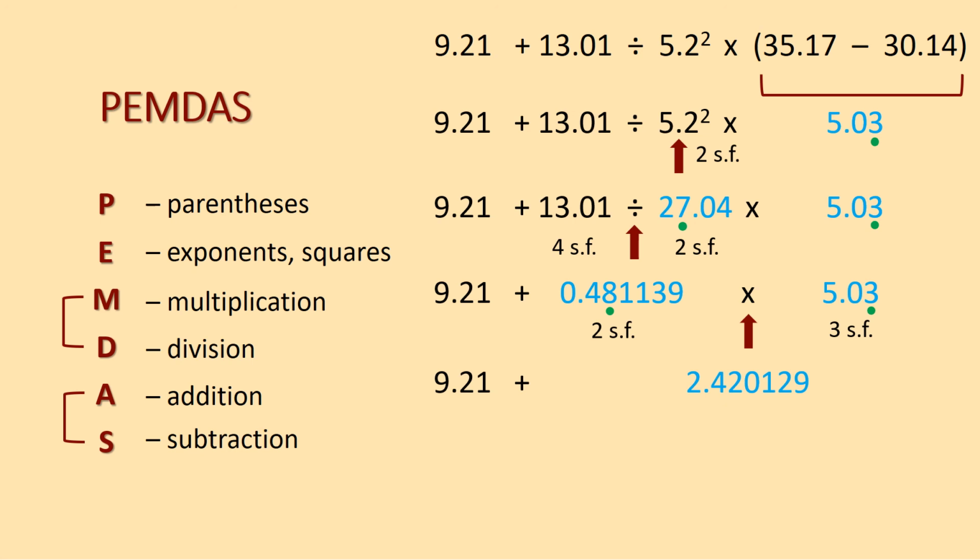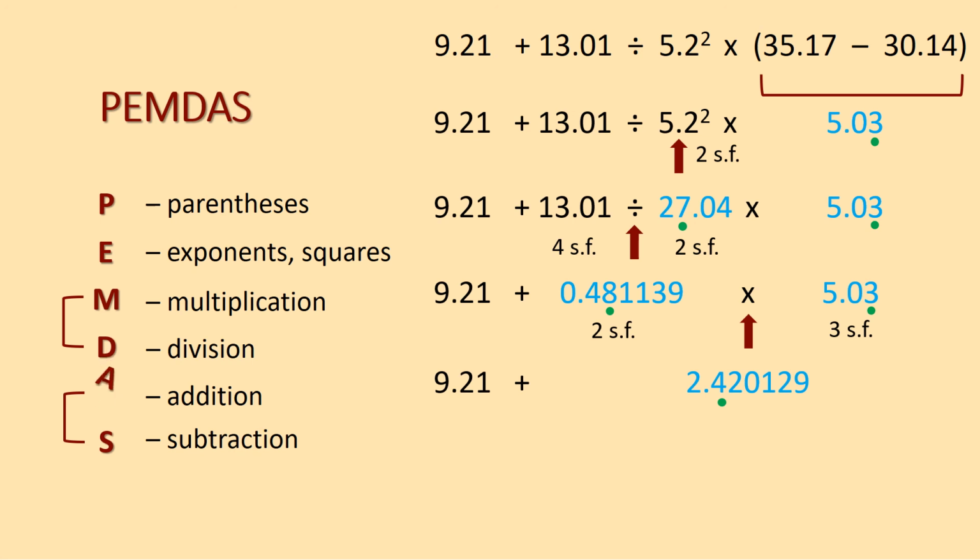So we have a given value with 3 significant figures and one with 2 significant figures. Our intermediate solution from these two cannot be more than the fewest number of significant figures, which means that 2.420129 will be significant to 2 significant figures, and we're going to put that dot underneath the 4.